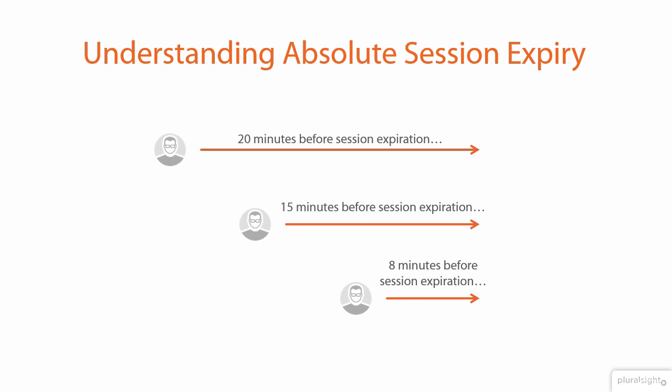Now they've only got 8 minutes left before their session expires. This is the fundamental difference between a sliding expiration, where there's always going to be this set window of risk for session hijacking, versus an absolute expiry, where the window of risk is a lot smaller. But of course there is also usability risk here.